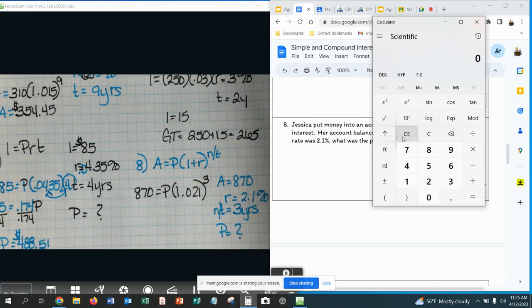So what you're going to do is type 1.021, this special button, 3, equals 1.064. What I showed him and what I'm going to show you is this: 1.021, special button, 3 equals.